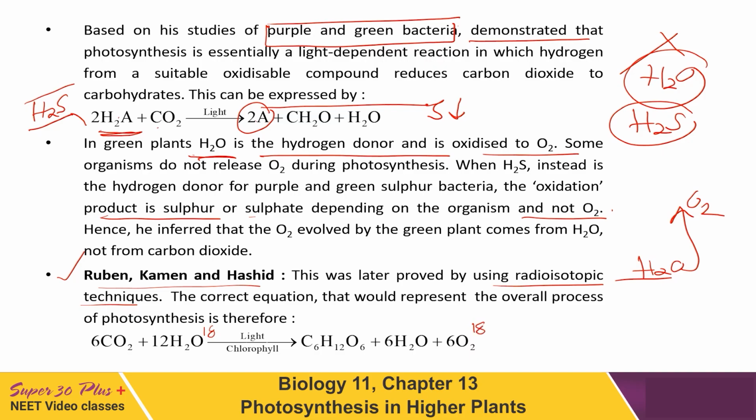So it proved that the oxygen released in photosynthesis comes from water, and the oxygen of the carbon dioxide goes to the carbohydrate. It goes to carbohydrate. Is it right?